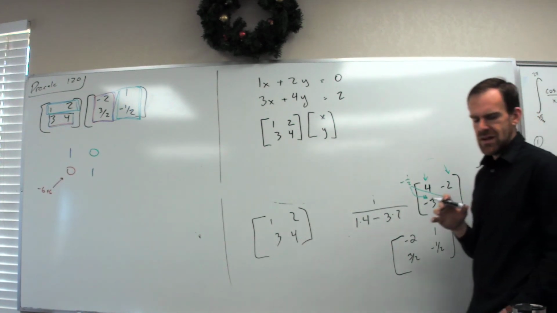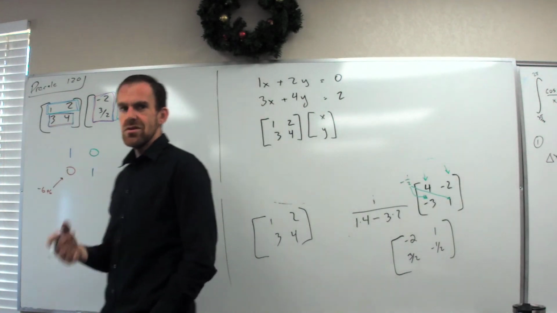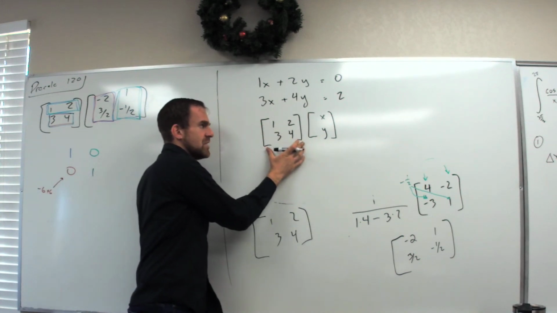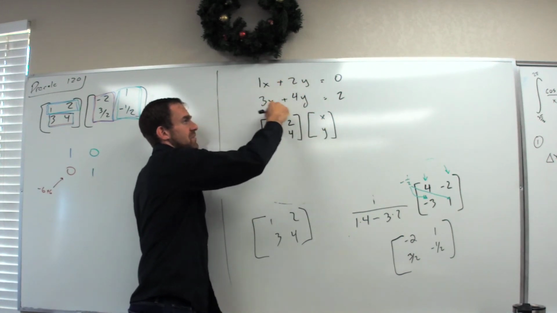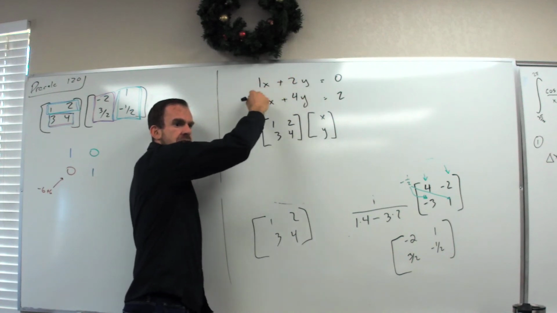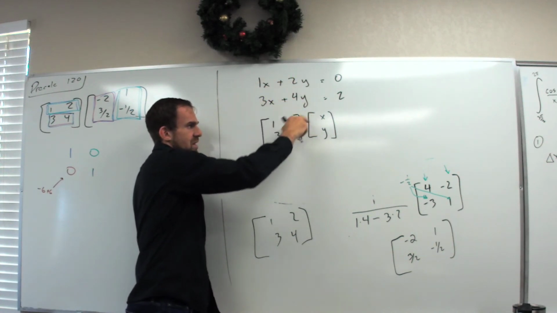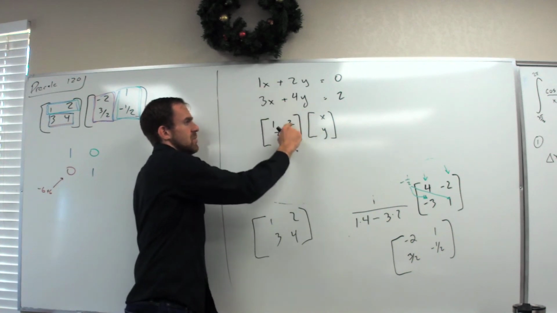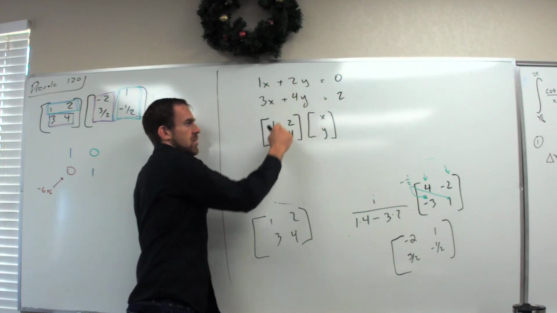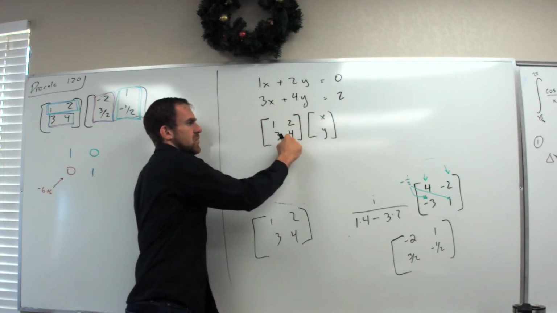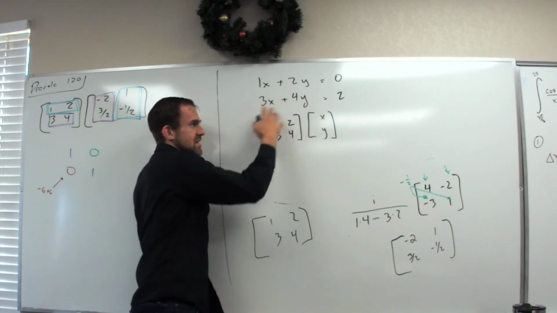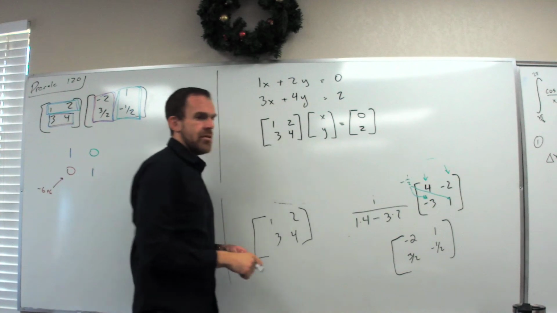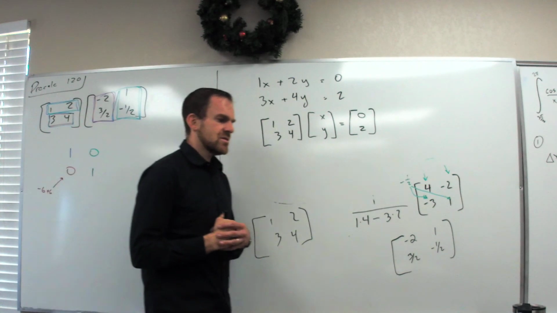So what we're really doing is representing a system of 2 equations in 2 variables in matrix form. So if I take this matrix times xy, I get this left part. If you don't believe me, take your row times column. 1 times x plus 2 times y. 3 times x plus 4 times y. So that's this half. I'm saying that equals 0, 2.